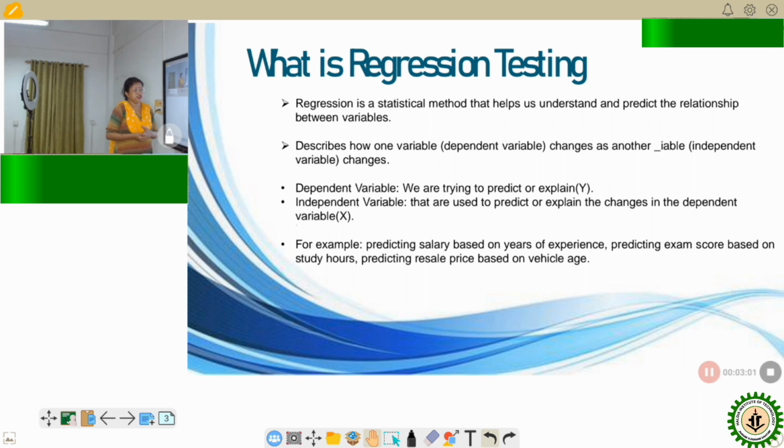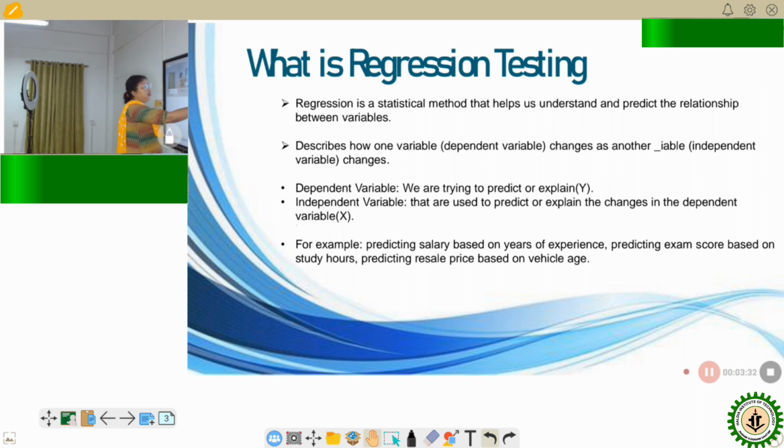Another example: your exam score depends on how many hours you study or practice the topic. Score is the dependent variable, and study hours is the independent variable.